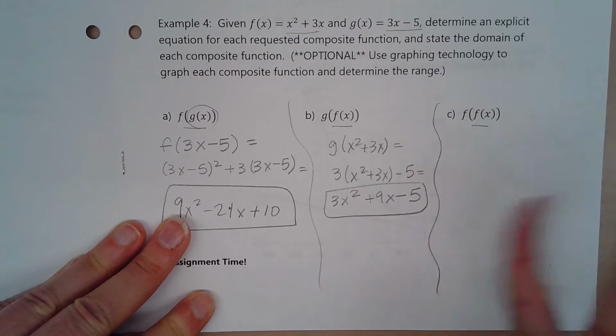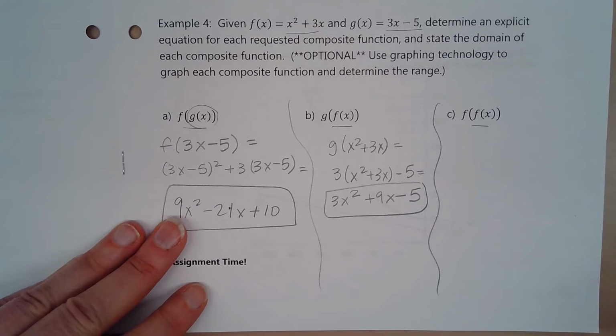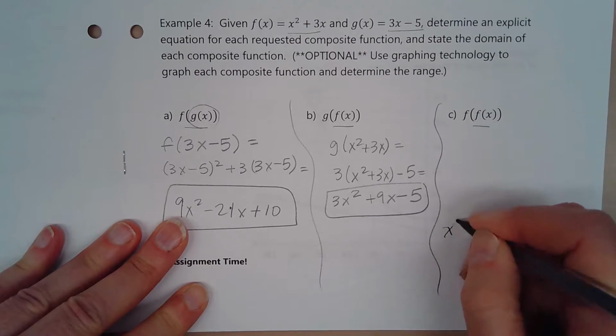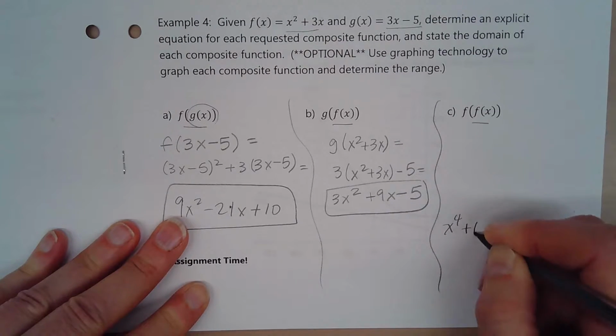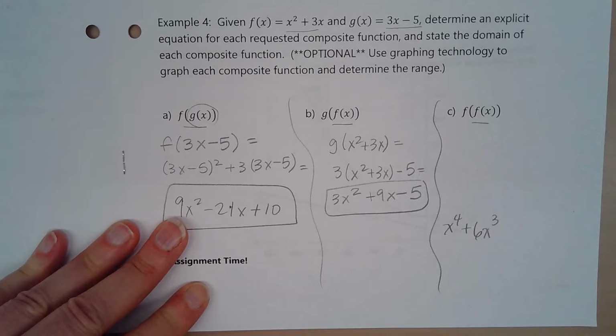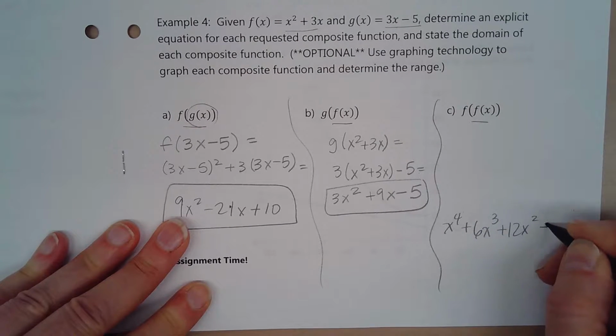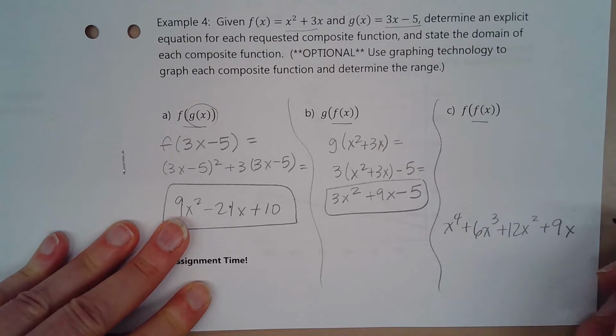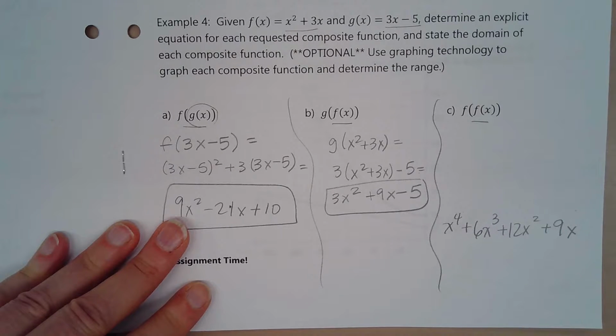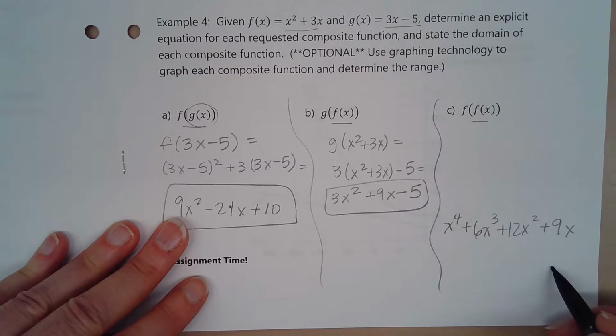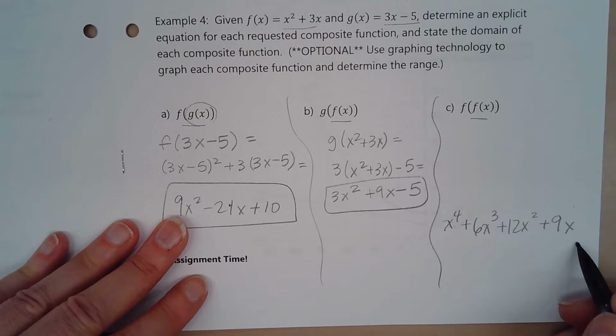Yeah, I think I just started with, I got x to the 4. It's x to the 4. Yeah. And then 6x to the 3? Yeah, 6x to the 3. Plus 12x squared plus 9x. Perfect. That's what I got too. I got 9x. You got this too?